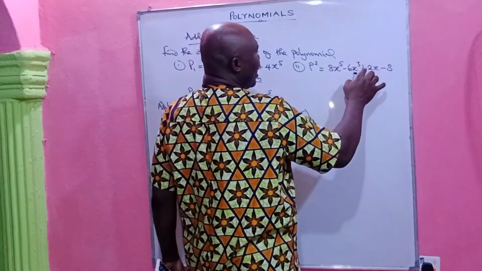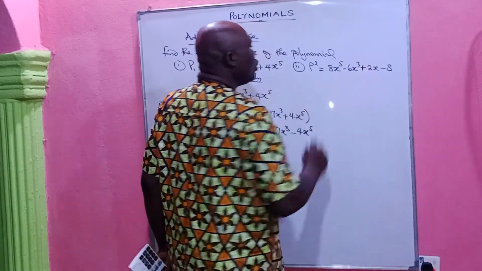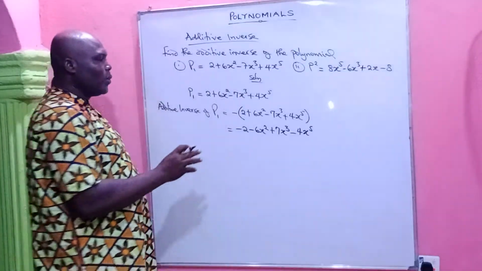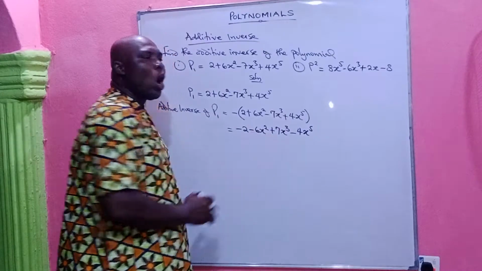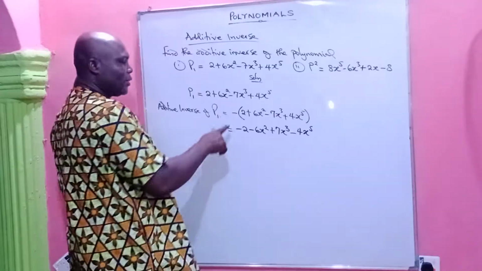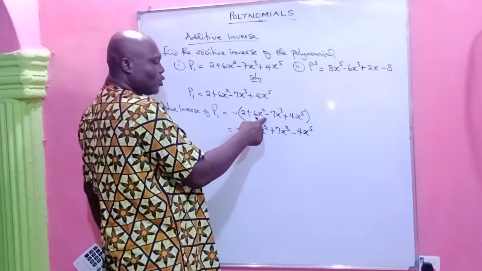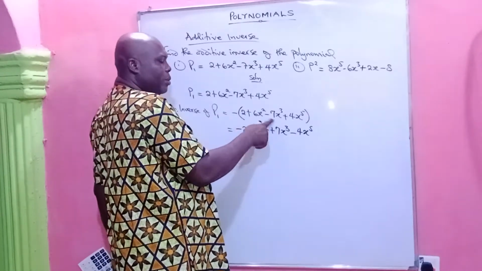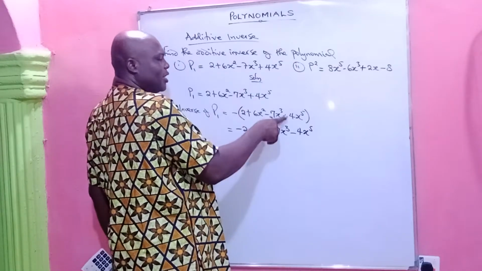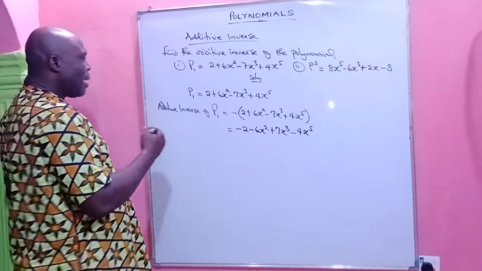Please don't forget that. So what we need to do is just to introduce a minus sign, and that minus sign would affect all the terms of that polynomial. So minus affects positive 2 to be minus 2. It affects positive 6x squared to be negative 6x squared. Minus affects this negative to become positive, and it affects this positive to become negative. So that's what we call the additive inverse of that polynomial.